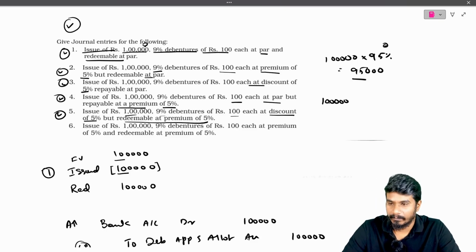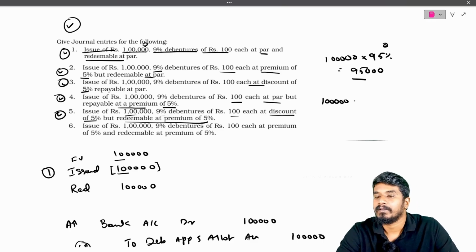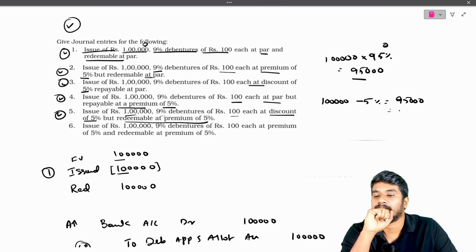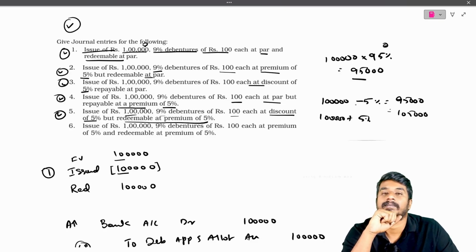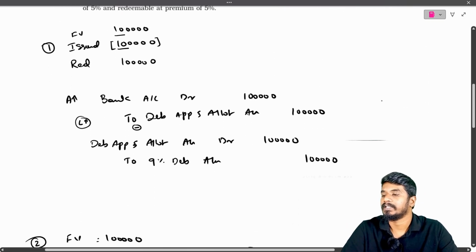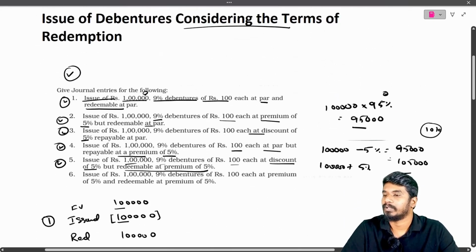They have issued at 5% discount, that is 95,000, but they need to repay it back for 1 lakh 5,000. That is 1 lakh plus premium. Correct. So 1 lakh 5,000, total 10k is the loss. 10k is the loss. Let us see how we can do that.